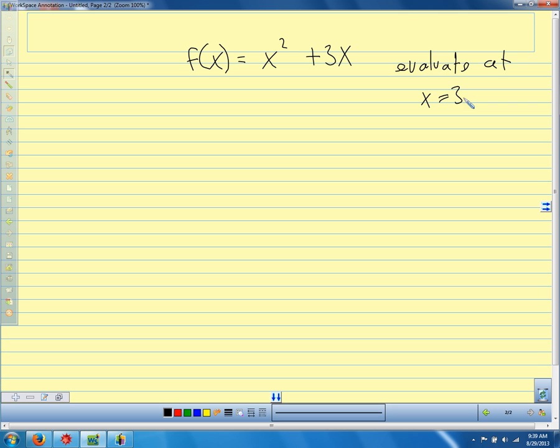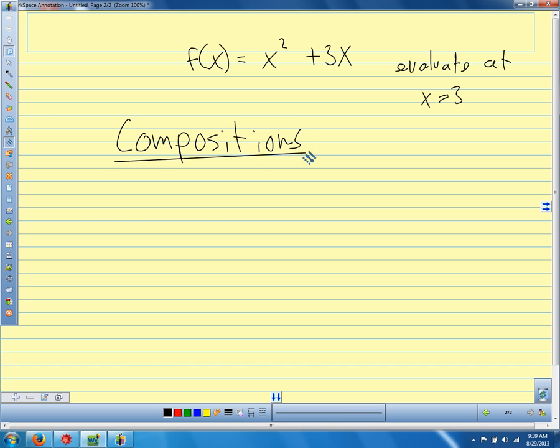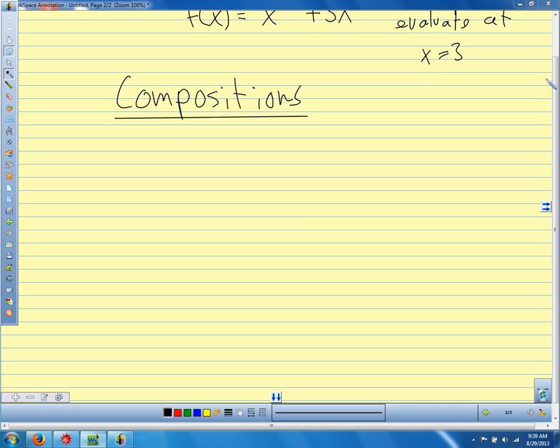So we're going to talk about compositions, and it's related to substitution or plugging in. So that's the other way we're going to talk about combining functions, and this is where it gets a little more interesting. We do compositions.